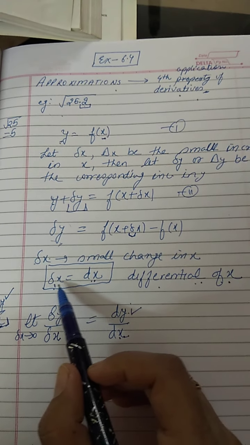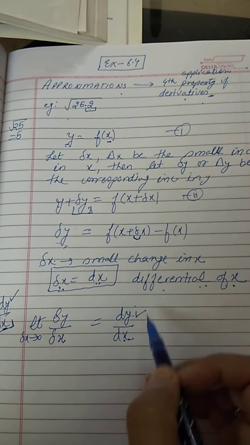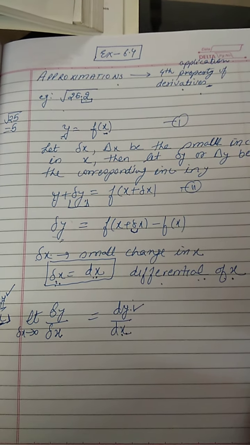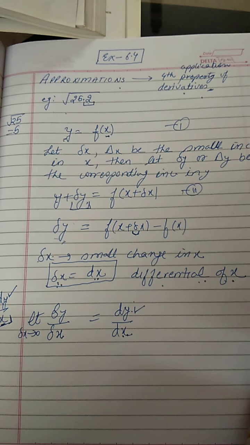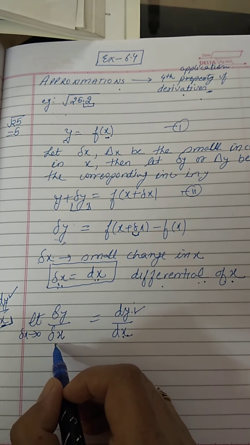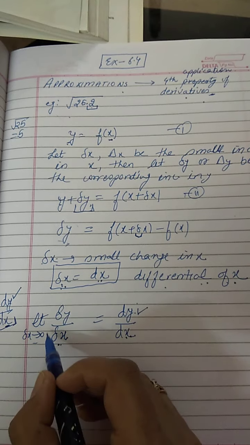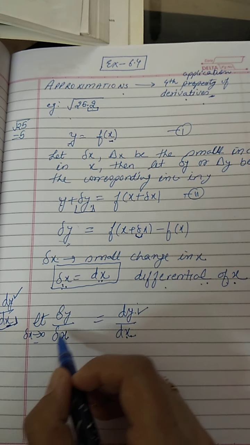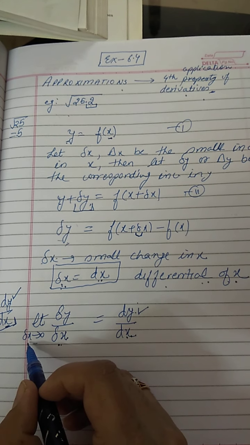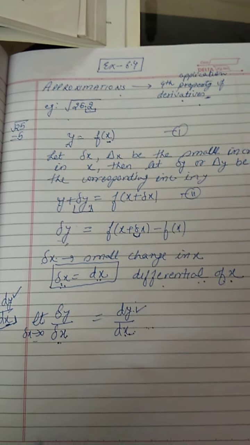But corresponding to this change in x, whatever change is happening in y, that is the differential of y. I cannot say it is directly equal to del y, because it is happening due to some change in the independent variable. So when the change in the independent variable is very small, almost negligible, then del y upon del x, when del x approaches 0, is actually dy by dx.